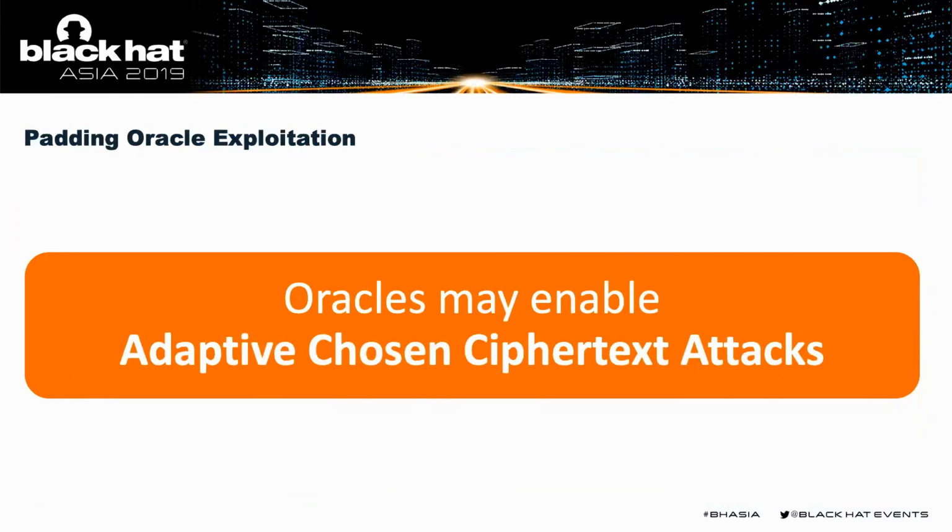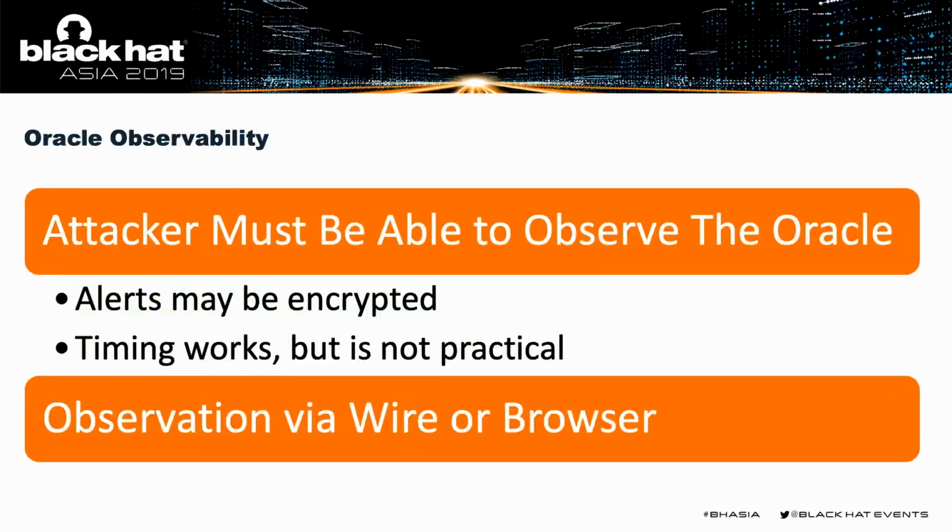In general, when you've got a padding oracle, the risk is an adaptive chosen ciphertext attack. There is a caveat there. The attacker has to be able to actually observe what's going on in the server. So if the server is responding differently to different broken messages, it's only going to matter if those differences are visible to the attacker.